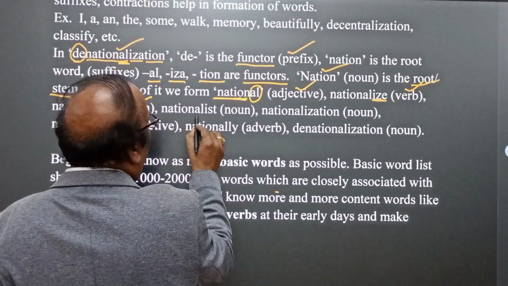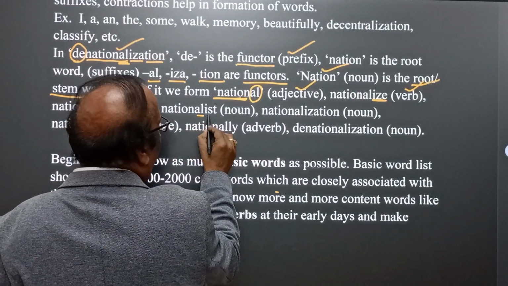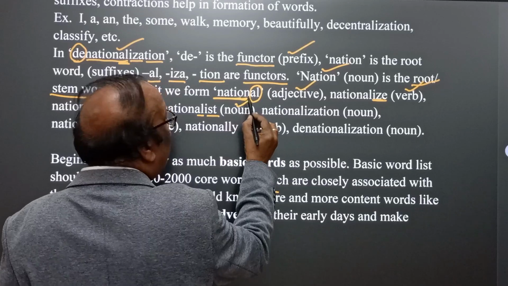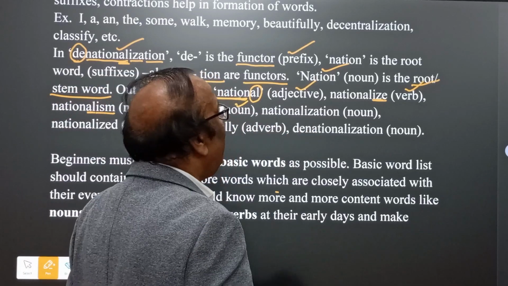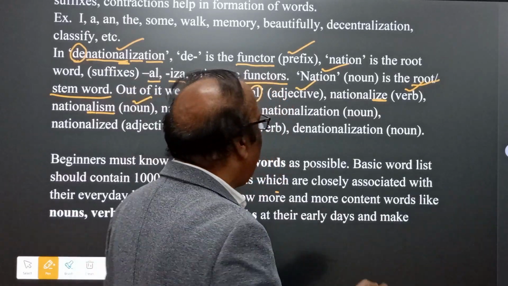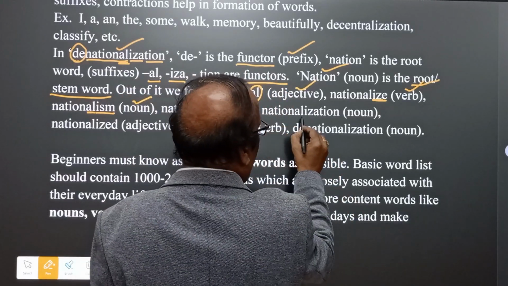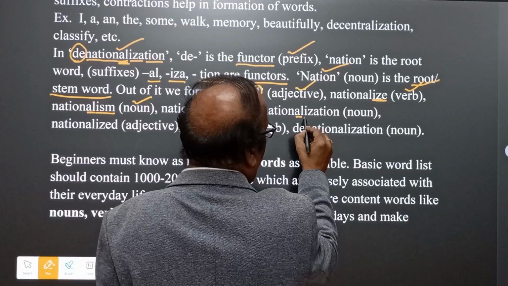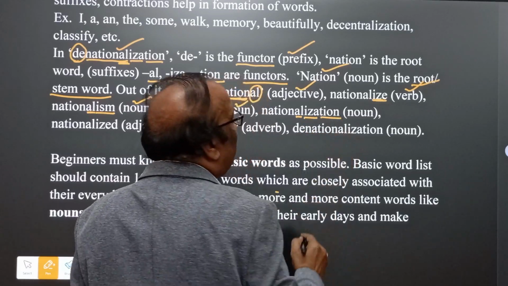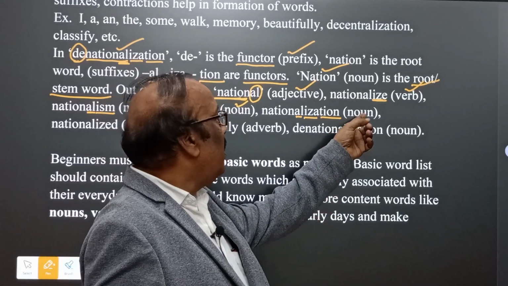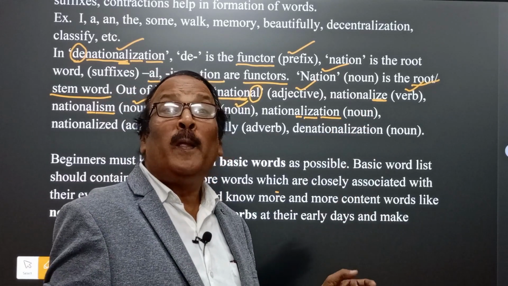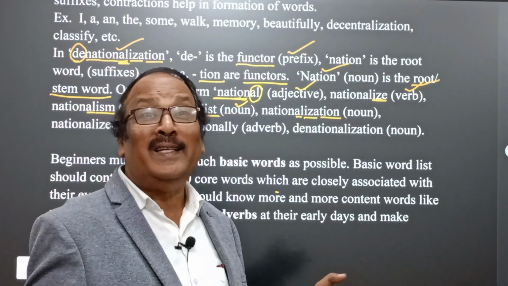Here we find national and ist. It is also a noun, for the person. And then nationalization. Here we find three suffixes, which are also helpful in forming another noun, nationalization.